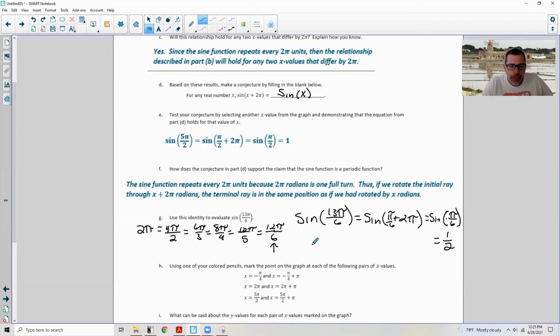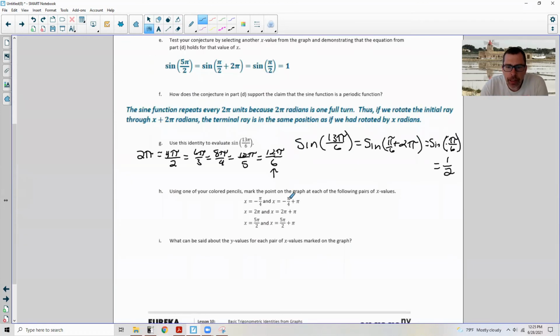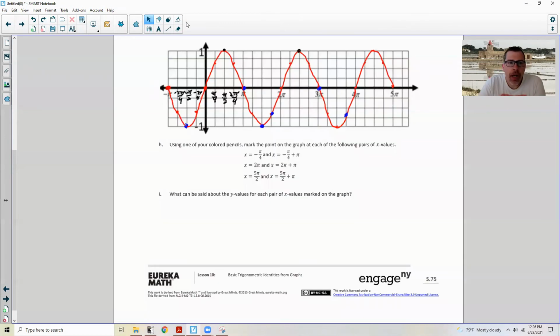Okay, now it says using one of your colored pencils, mark the point on the graph at each of the following pairs of x values. I just copied over the graph from the previous page, so I don't have to flip back and forth. I'll choose green for these. Negative pi over 4 is right here, and that is the negative square root of 2 over 2.